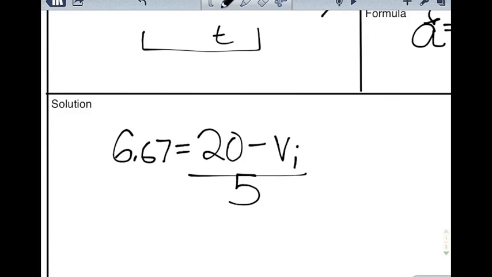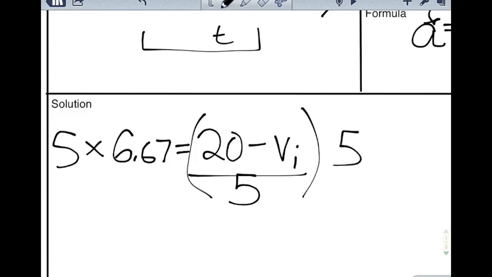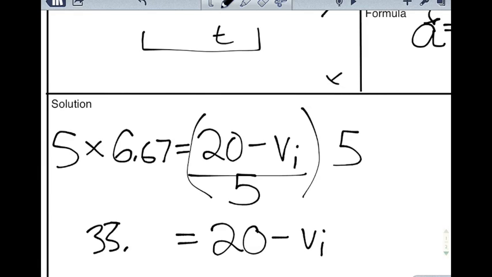So now, this is a pretty easy one to solve. What we're going to do is take both sides and multiply it by 5. When we multiply both sides by 5, we're going to end up with 20 minus VI equals 33.35.